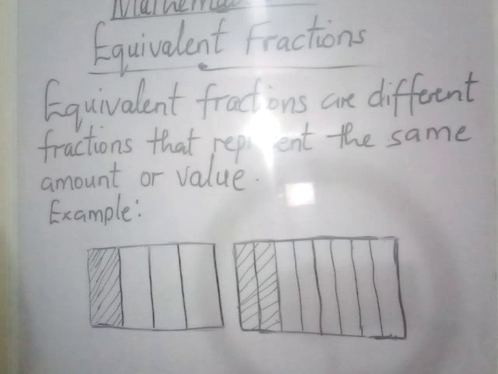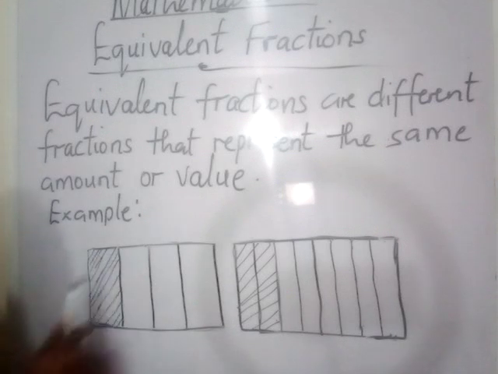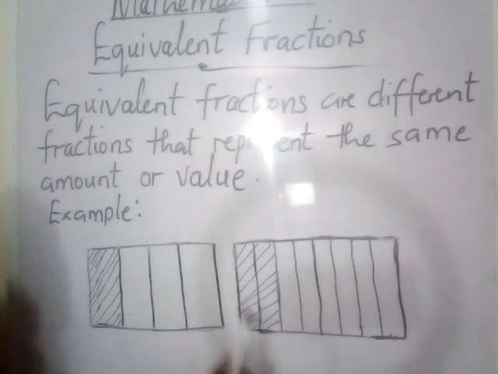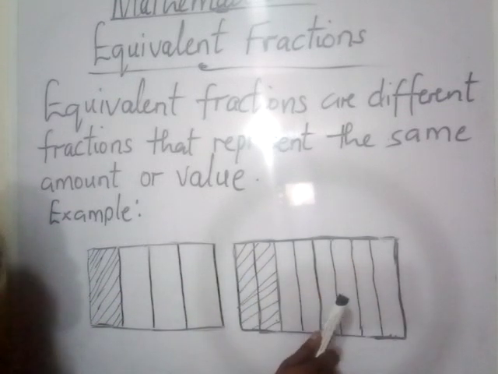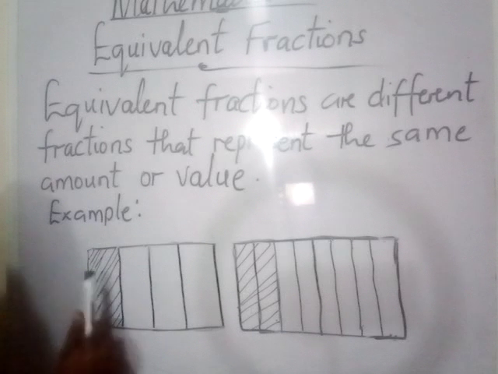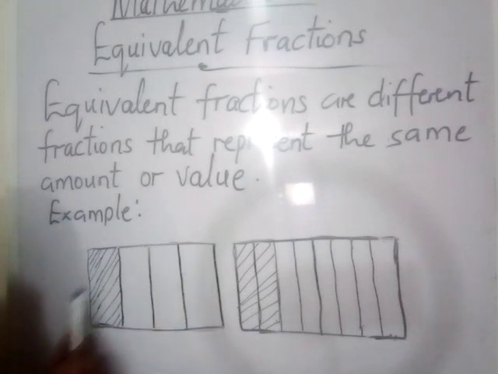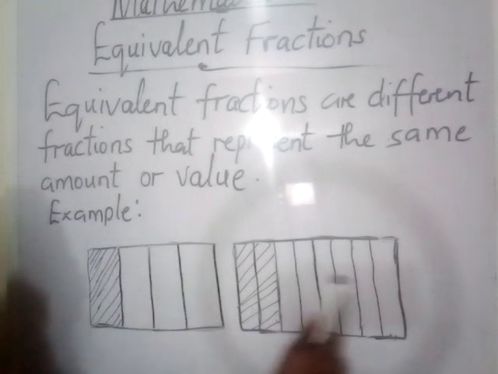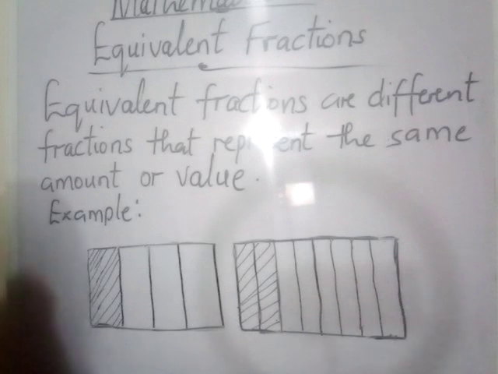And they look the same because they're actually the same size. Why? Everything for this one is the same as everything for this. And now if you look at it, this is shared into 4 equal parts, while this is shared into 8 equal parts.